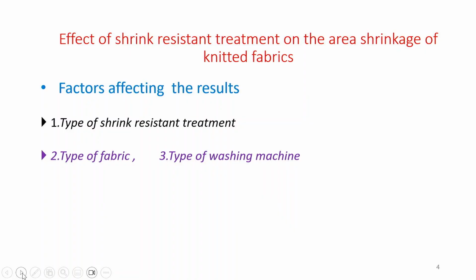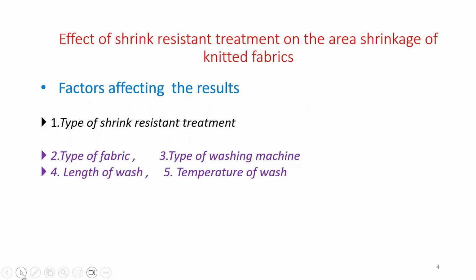The second variation that may come is because of the type of fabric, and the third one is the type of washing machine, because when you want to test the shrinkage, you have to actually place the fabrics within a washing machine and wash it for a certain amount of time, and then we remove the fabric and check the dimensions of the fabric after washing and what it was before washing. That is how we check the shrinkage behavior of fabrics.